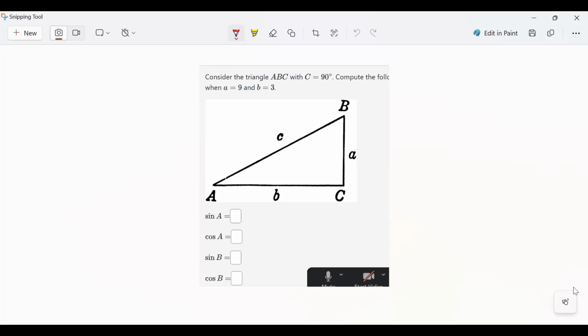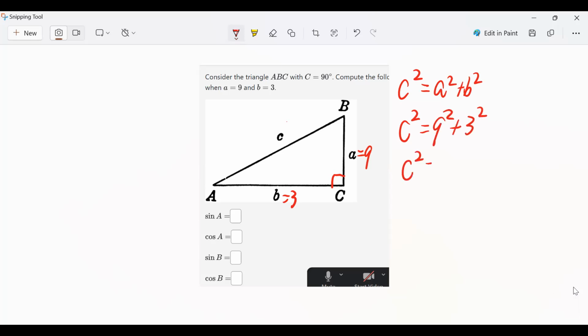All right, let's go over this. A is 9 units, B is 3 units. Let's find C using the Pythagorean theorem. This is a 90-degree angle, so C squared equals A squared plus B squared. C squared equals 9 squared plus 3 squared, so C squared is 81 plus 9, that's 90.